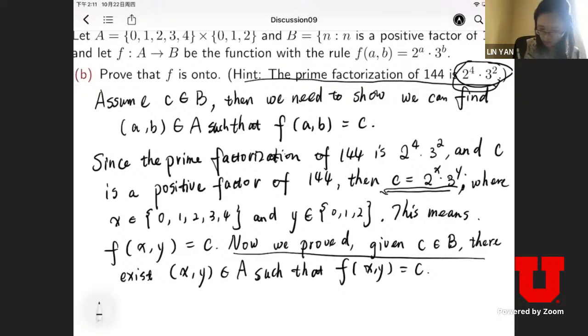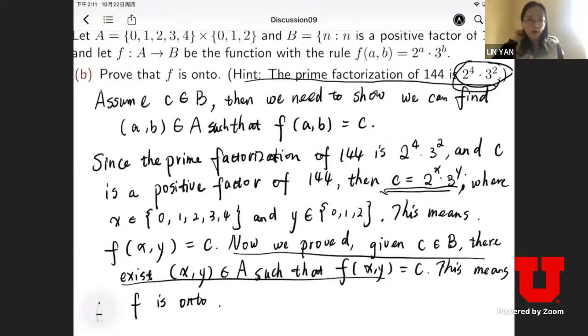And this means f is onto. Okay, any question about this problem? We are done with this sub-question.